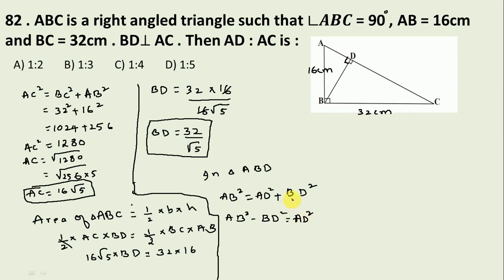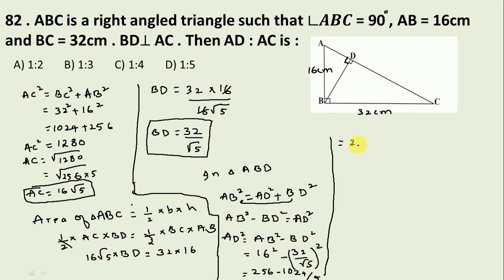Once again, AD square is equal to AB square minus BD square. AB square is 16 square, minus BD, which is 32 by root 5, squared. 16 square is 256, minus 32 square, 1024, divided by root 5 square, which is 5.